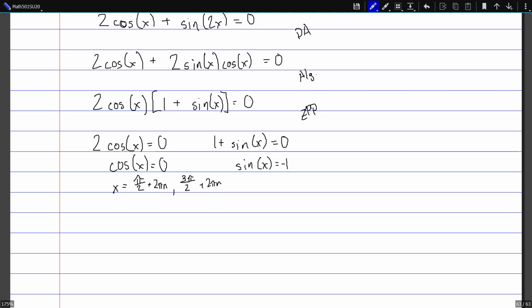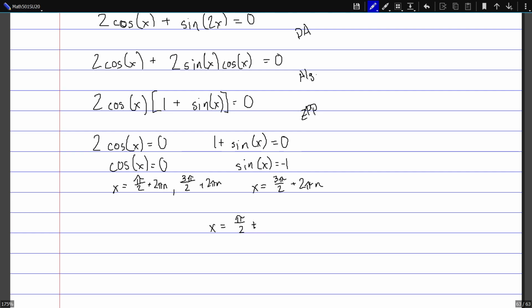And it just so happens that we have an overlapping solution in the case of our sine, since sine of x equals -1 when x is equal to 3 pi over 2 plus 2 pi n. So this matches with this one, in which case we can write our solution set simply as pi over 2 plus pi n.